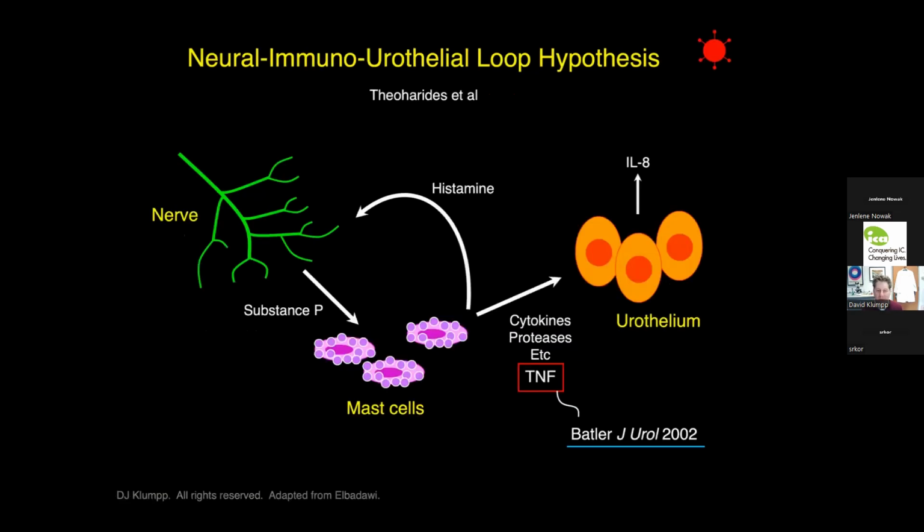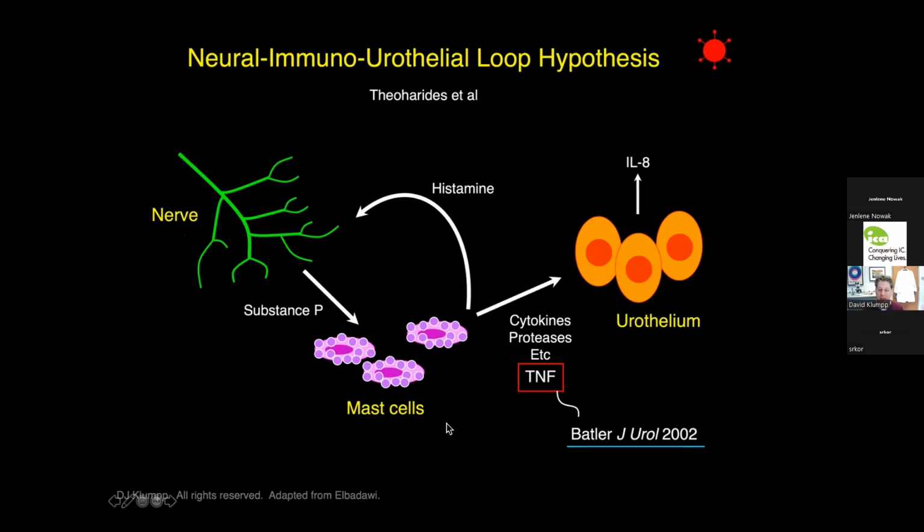All right, so many of you have heard of Dr. Theoharides. He has been a longtime proponent for the role of mast cells in IC. And many of you have probably heard of mast cells from a different context. These are often associated with allergic responses.